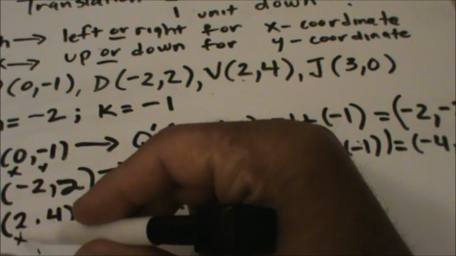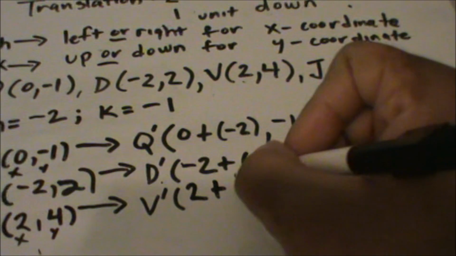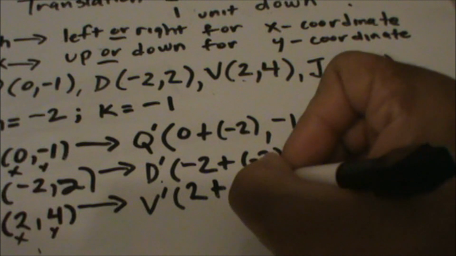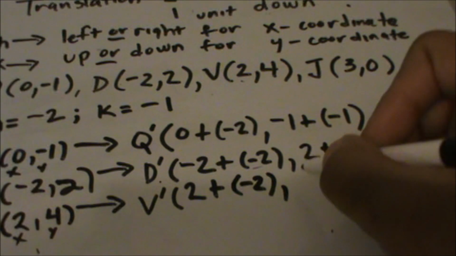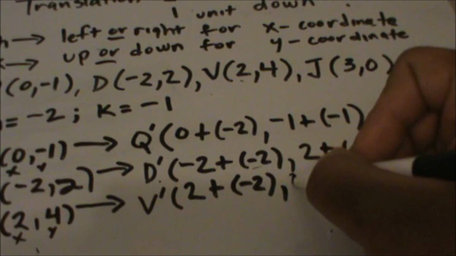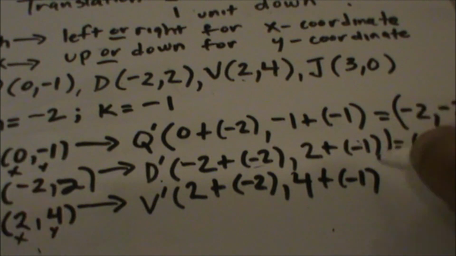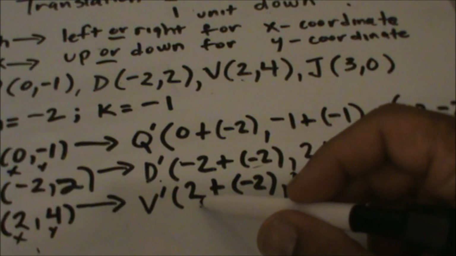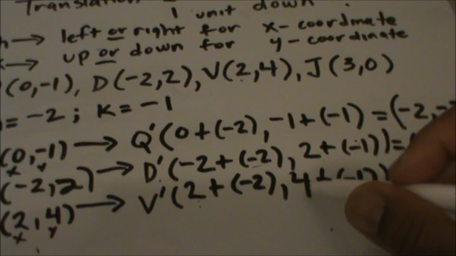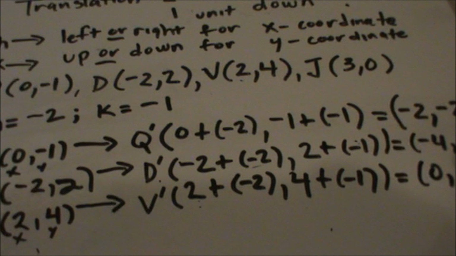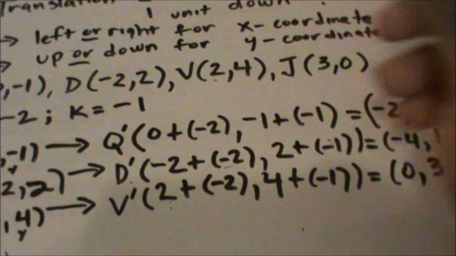So +2 is X, 2 plus -2, which is your H, comma, and then you add your Y value, which is 4, plus -1. The +2 and -2 cancel out, that would be 0. +4 plus -1 would be +3.